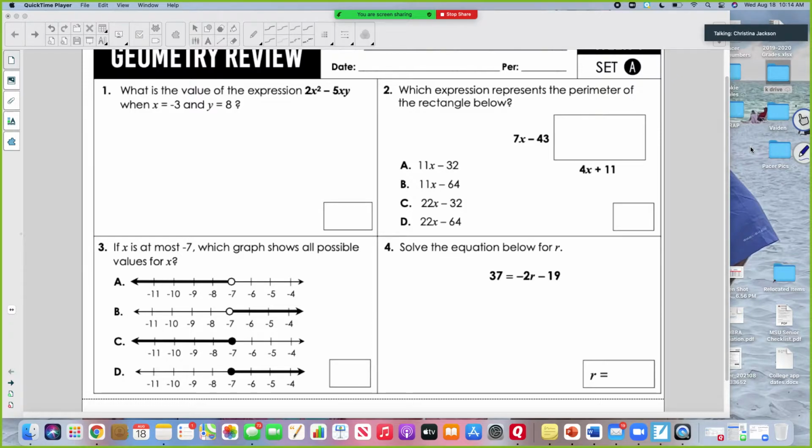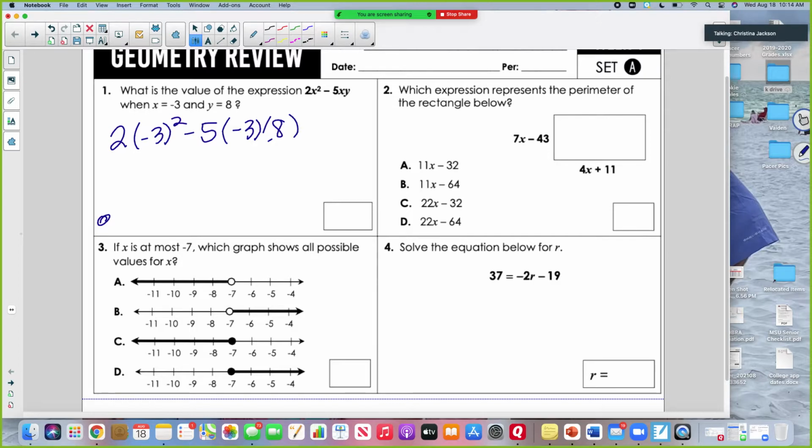It becomes a positive. I told you to do this without a calculator, but if you were plugging this into the calculator, you need to put negative 3 in parentheses. The calculator is only as smart as the user. If you don't put it in parentheses, it doesn't know what you want it to do. So we've got 2 times negative 3 squared minus 5 times negative 3 times 8.